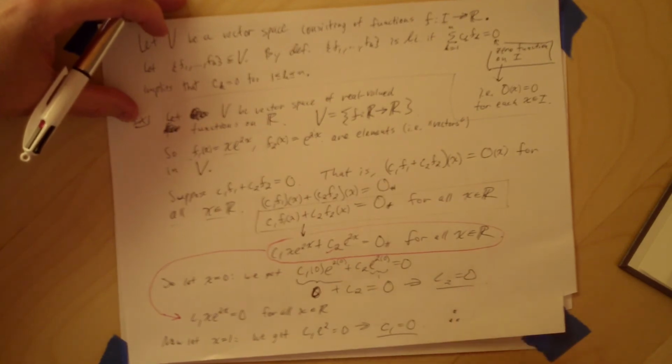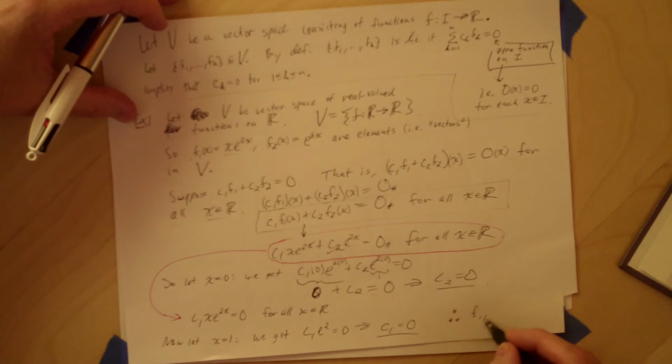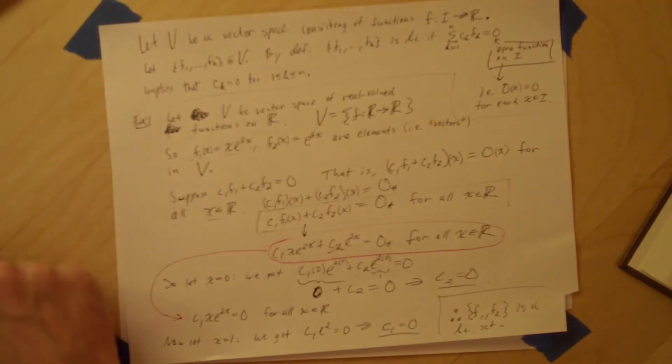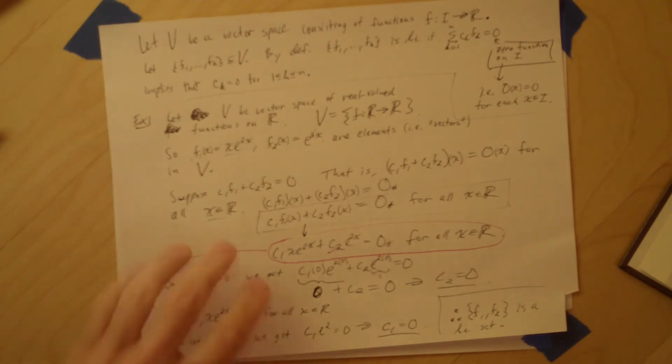Therefore, f1 and f2 is a linearly independent set. Okay, that's the first example. Now we can do another thing here.